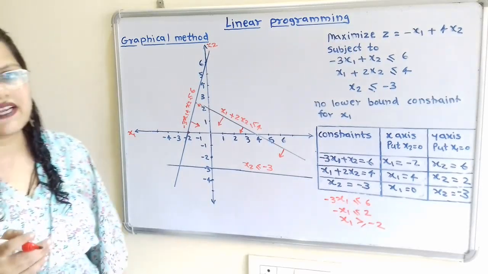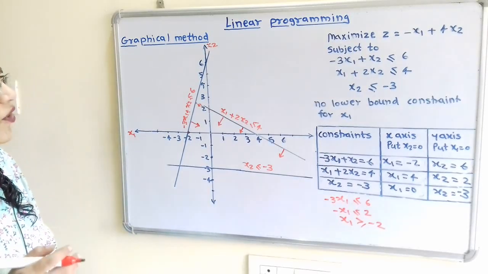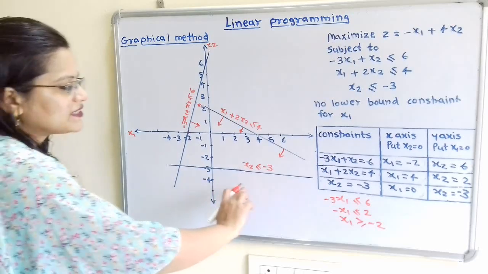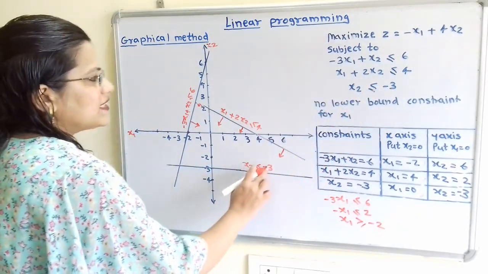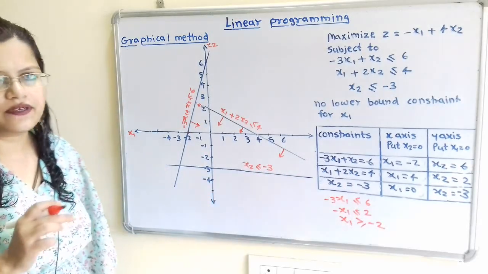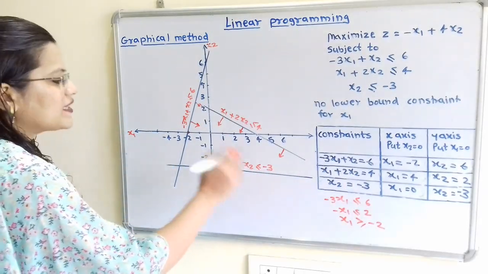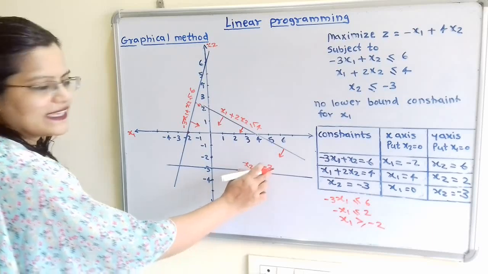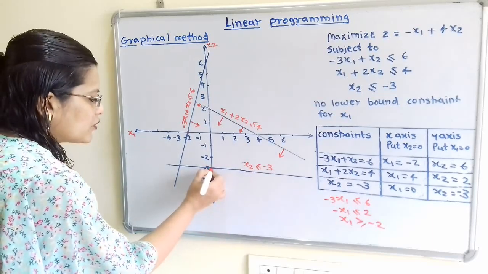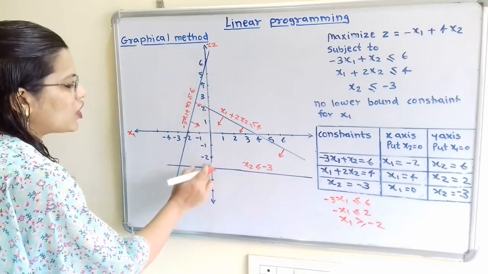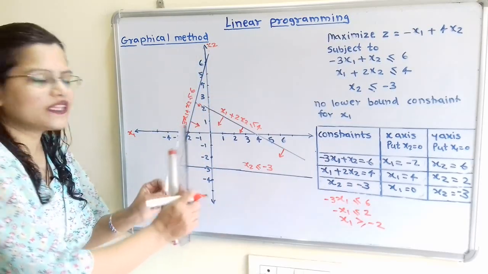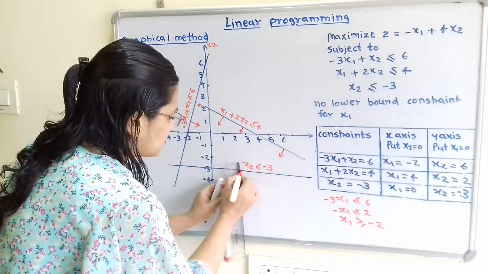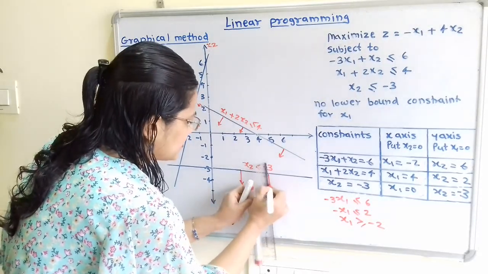So how to decide the area? x2 is equal to -3 or x2 is less than -3. In the upward direction all the values are greater than -3 and in the downward direction all the values are less than -3. So we will decide this is the area.